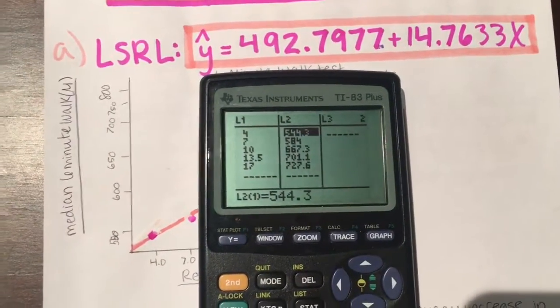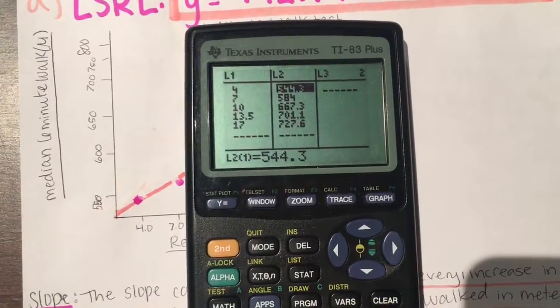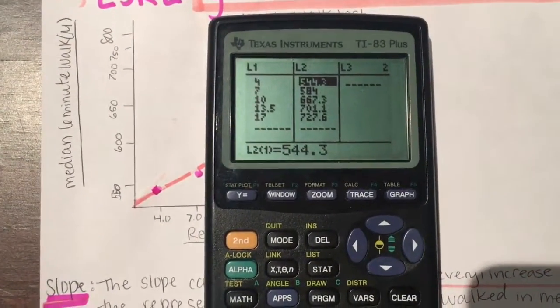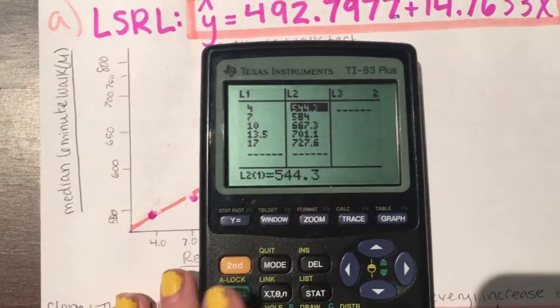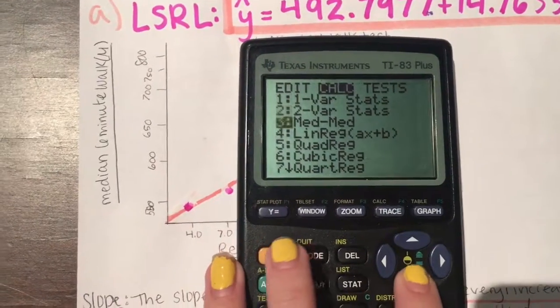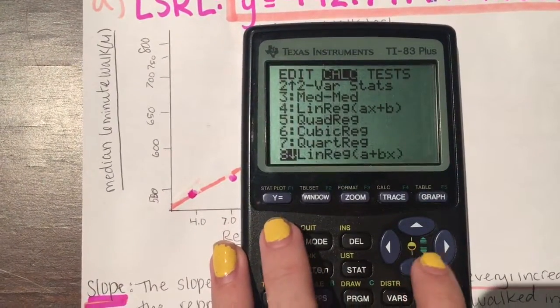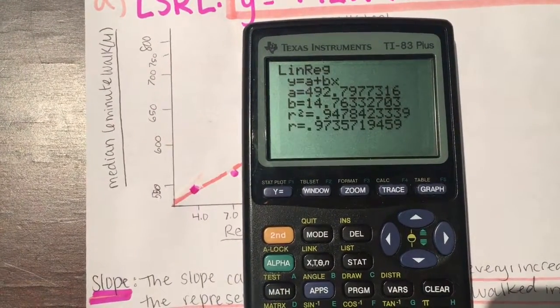To figure out the regression line, you go to Stat, Calc, and then down to linear regression, and you press enter.